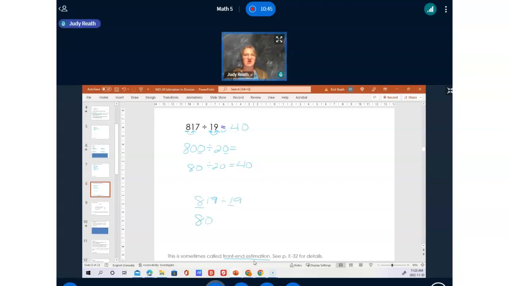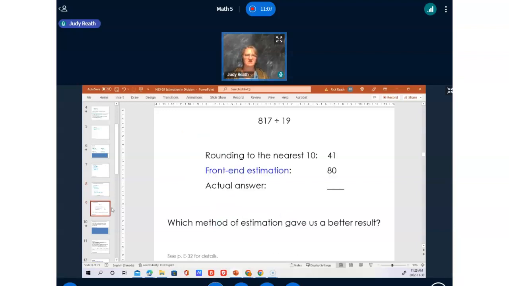So then we would say 800 divided by 10, which would be the same as 80 divided by 1, which would give us 80.